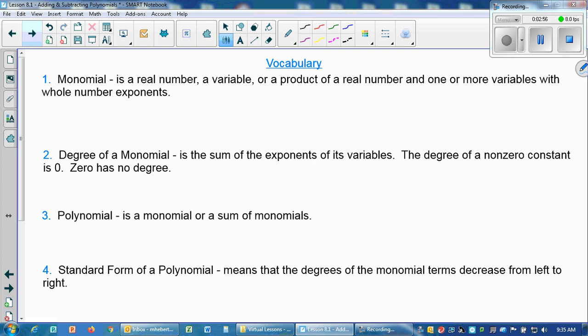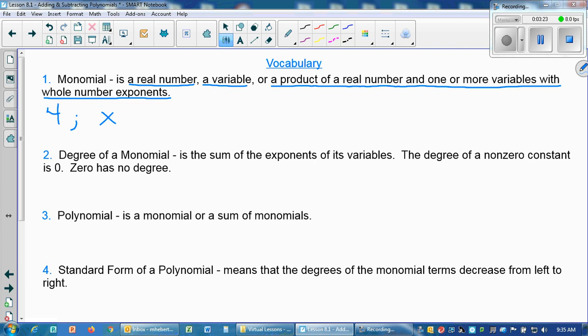We'll first start out by looking at a real number. So a real number would be, say, 4. That is a real number. It could be a variable. So an individual variable could be x. Or it could be a product of a real number and one or more variables with whole number exponents.